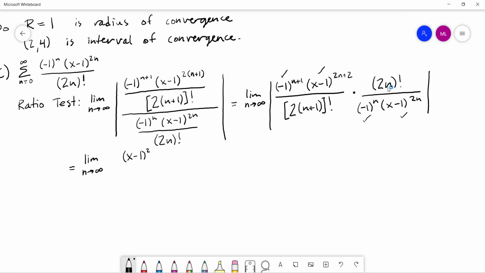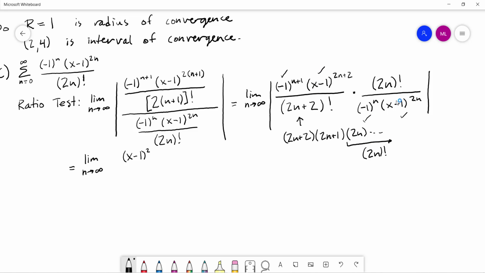Now let's take care of these ones that involve factorial. And same thing, I can rewrite this one down here. Maybe it's easier to rewrite this as simply (2n plus 2) factorial. So what you can think of is this one is 2n plus 2 times 2n plus 1 times 2n times... Everything from here over is simply (2n) factorial.